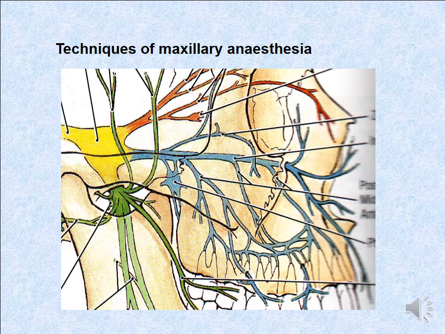The upper permanent teeth sit on the maxilla, and the maxilla has a huge amount of cancellous bone and a thin plate of cortical compact bone on the labial and buccal sides of the alveolar process, so infiltration is very simple in the maxilla due to the huge amount of spongy bone. Spongy bone is like a sponge, it absorbs easily and the solution enters, giving local anesthesia for the maxilla.